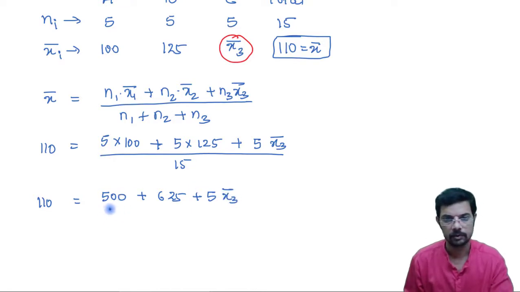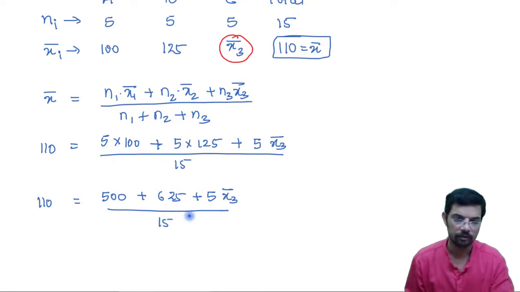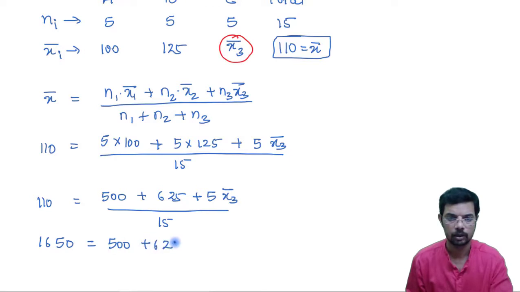So 5 into x3 bar will be, with 110 into 15 being 1650, 1650 equal to 500 plus 625 plus 5 into x3 bar.